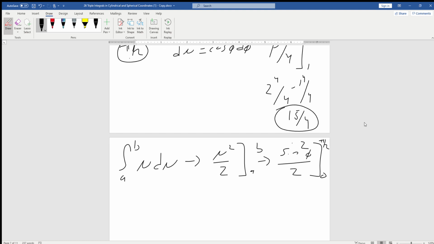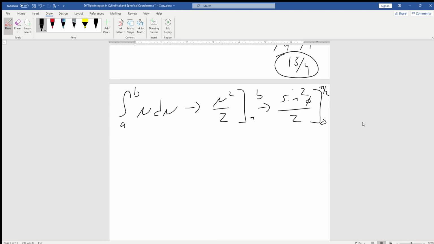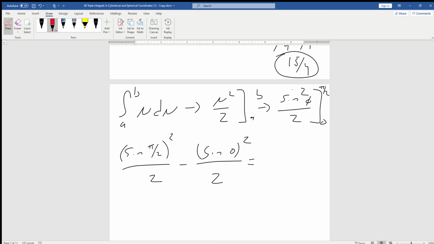We're going to substitute pi halves, and we're going to substitute 0. So think of sine squared phi as sine phi squared. So we can write it like this: sine of pi halves squared over 2 minus sine of 0 squared over 2. We know that sine of pi halves is 1, and we know that sine of 0 is 0. So we really end up with 1 squared over 2 minus 0 squared over 2, which is just a half.